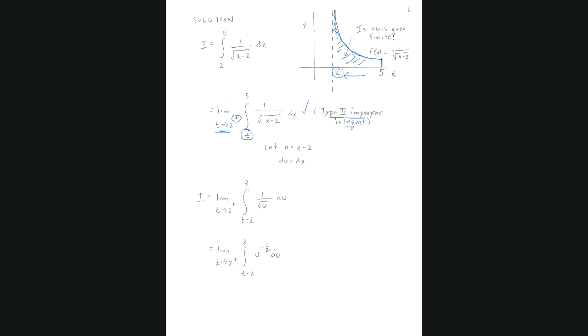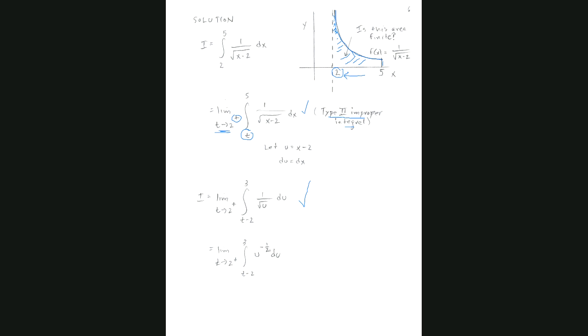So I'm going to let u equal x minus 2, du equals dx. And then we have here the integral I is equal to the limit as t approaches 2 from the right of the integral of 1 over the square root of u du, but the limits go from t minus 2 to 3.